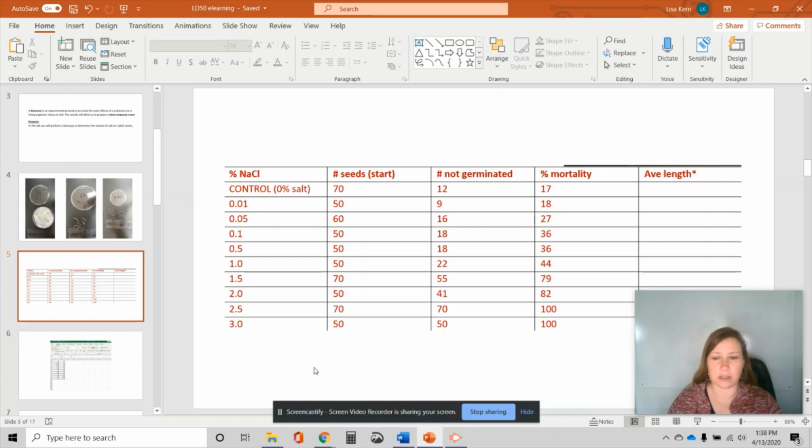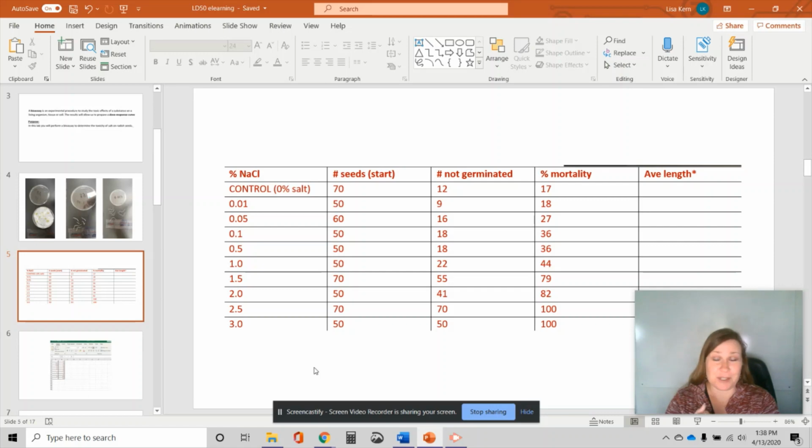So this is what our data looks like after we put it all together. My son and I went back in right before spring break and looked at all the seeds. We looked at all the Petri dishes and we took them apart and threw away all the nasty stuff. But we counted all the seeds that had germinated in every single set of Petri dishes.